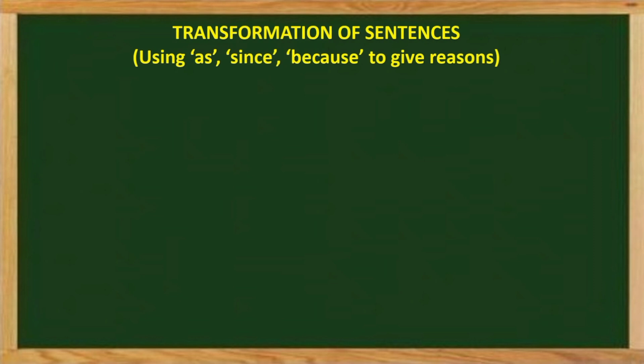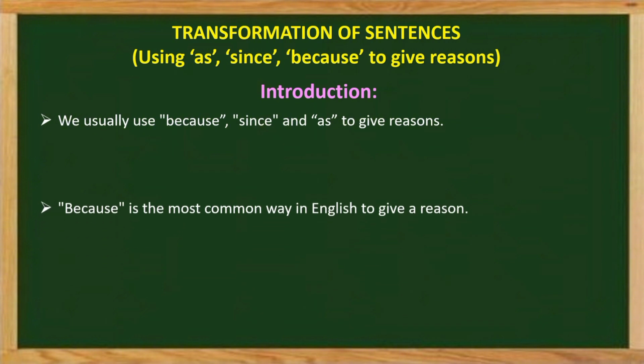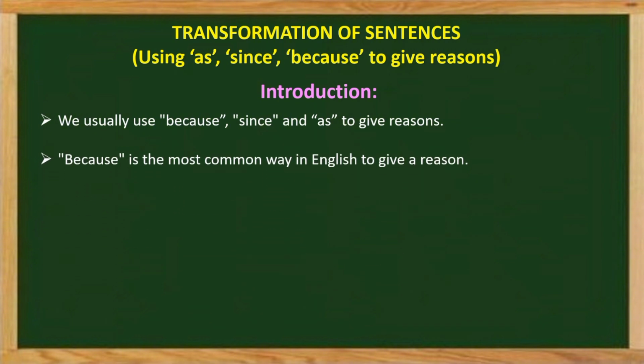Today let us learn how to use as, since and because for the transformation of sentences. We all know that generally we use because, since and as to give reasons, and the most common word in English to give reasons is because.